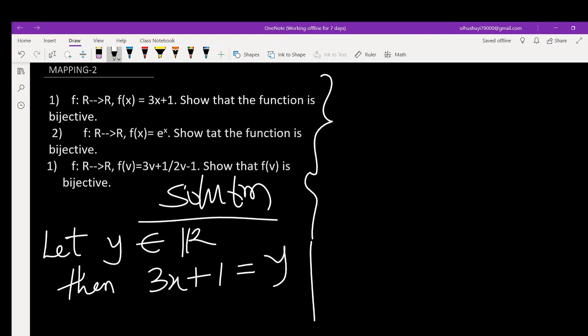So, just like when you find the inverse of a function, I can try as much as possible to make x the subject of the formula. Which means I will have 3x equal to y minus 1, isn't it?